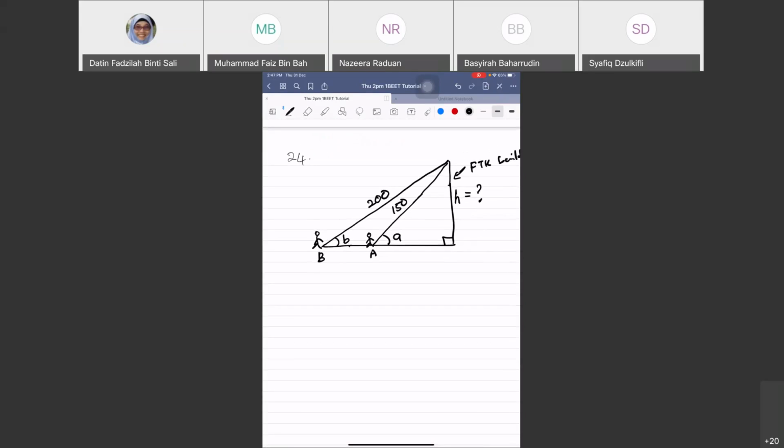What you want to find is H. So we try to come up with two equations like just now, and then we equate them.